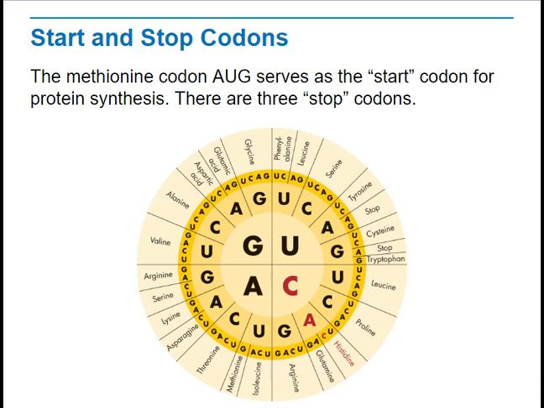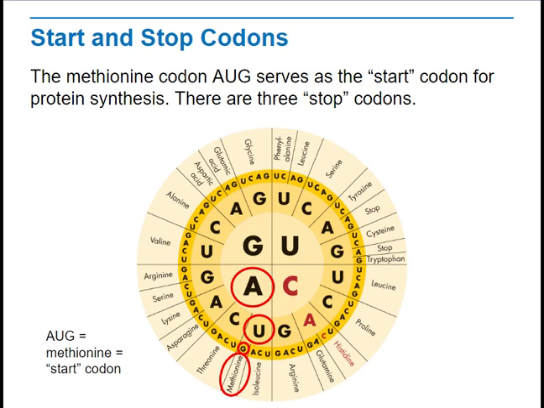Find the codon AUG. AUG is here. It codes for methionine. Methionine is an amino acid that is the start of most proteins. It is then known as the start codon, AUG.